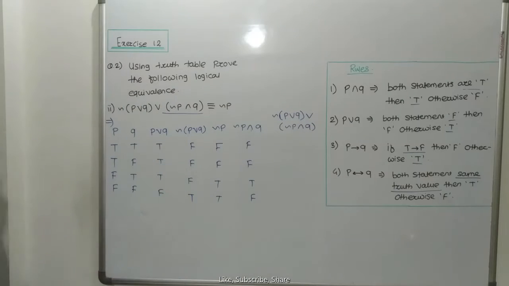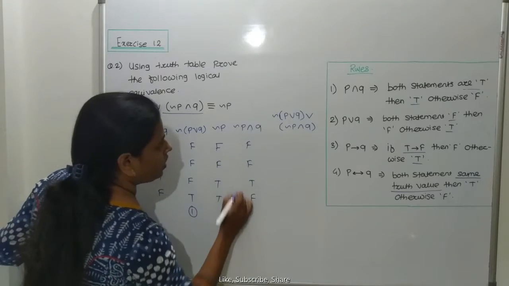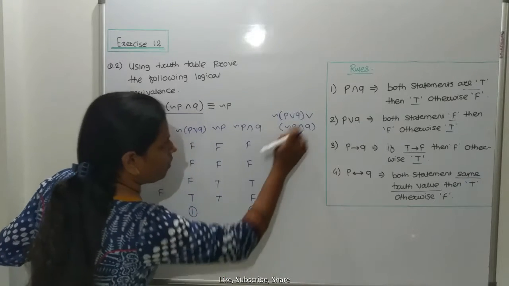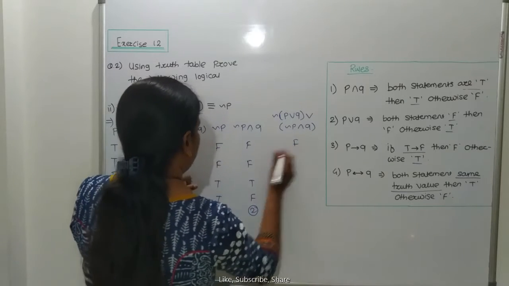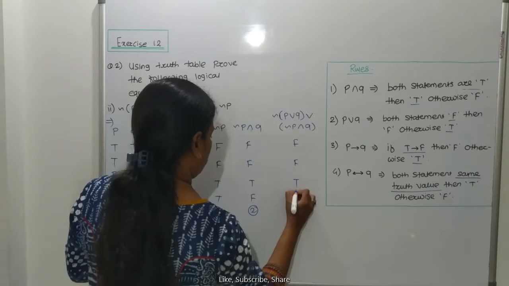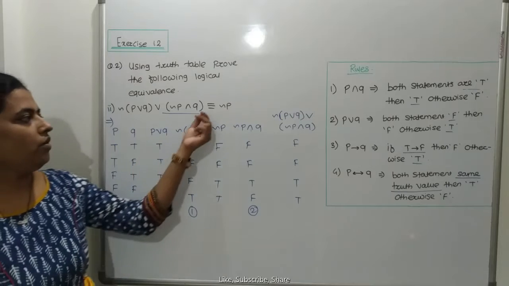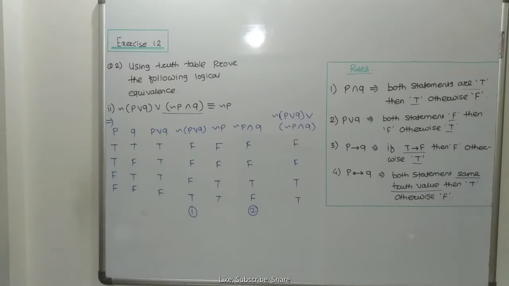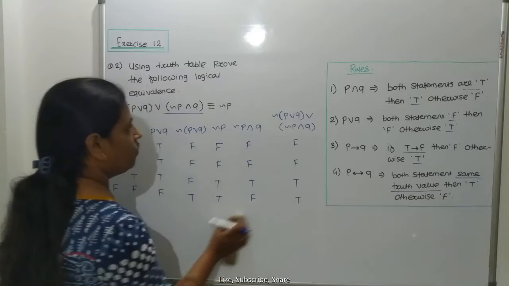Yeah. Now, which one we have to compare? We have to consider this one as the first and this one as the second, and perform the OR operation. So false, false, false, false, false, false, false, true, true, true, false, true. So we have to check the equivalence with not of P. What is the first here?